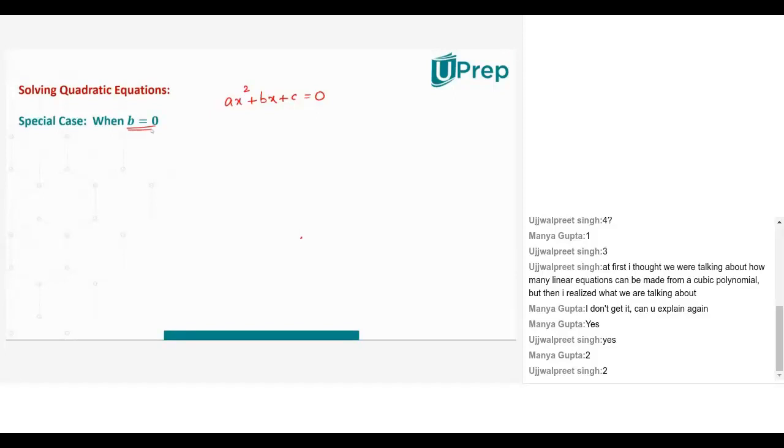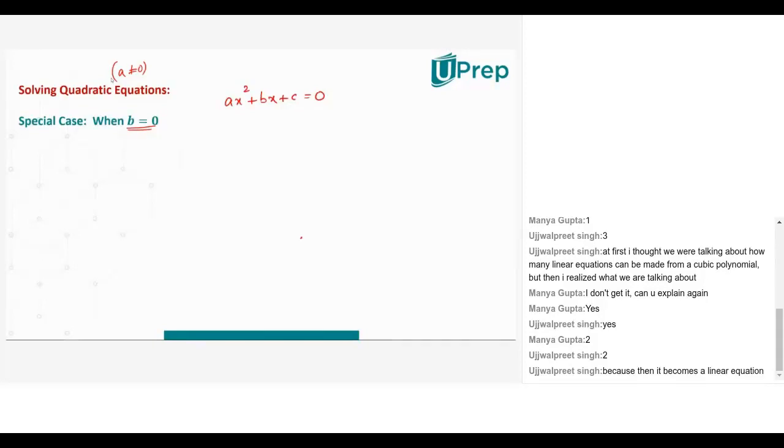If you remember quadratic equations chapter beginning, we made a not equal to 0. Can somebody recollect in this quadratic equation why a cannot be 0? Ujjwal or Manya, can you tell me why a cannot be 0 for a quadratic equation?